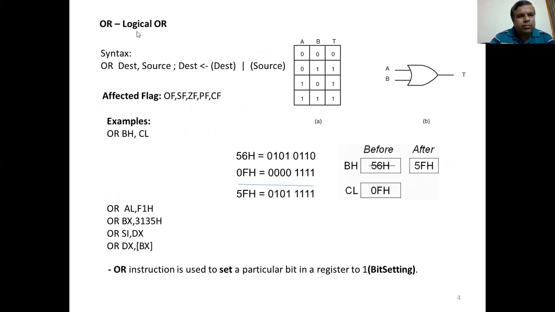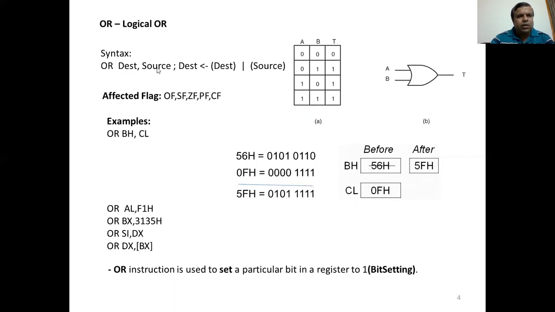The next instruction is OR, which stands for logical OR. The syntax of using this instruction is OR destination, source. This instruction logically ORs each bit in the specified destination operand with the corresponding bit in the specified source operand, and the result will be stored in the destination operand.